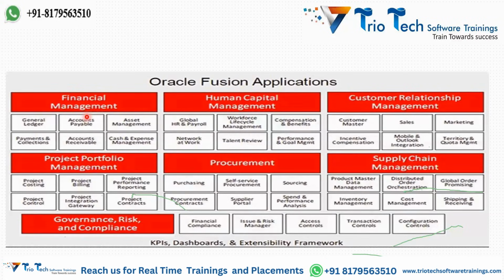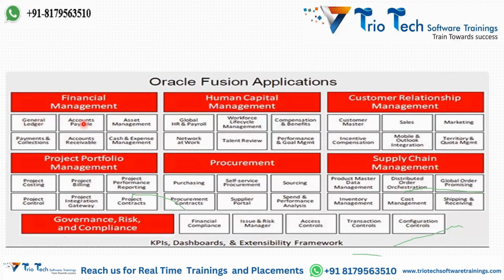Based on similar business processes, those have been grouped together into individual sub areas, and these sub areas are called modules. So under financial management, what all modules are there? These are called individual financial modules. For example, general ledger is the module where all the accounting related data will be stored.